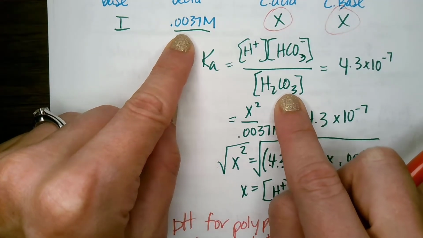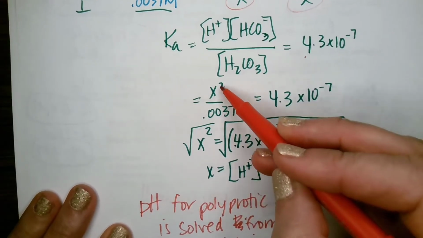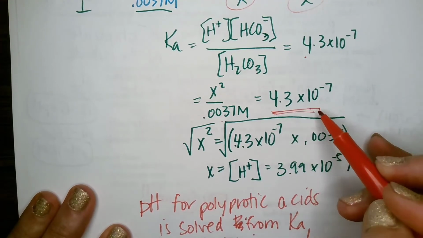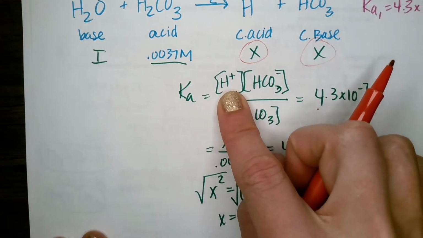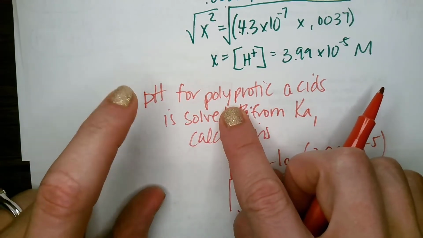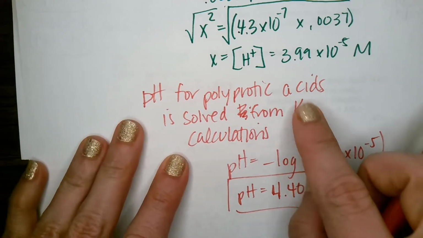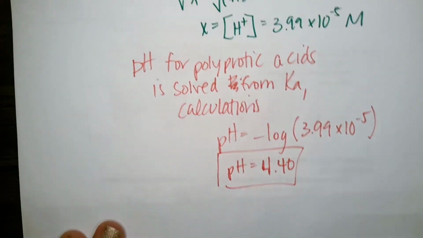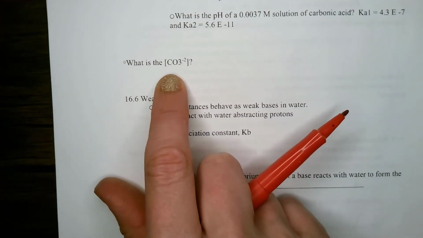So x times x is x squared over our 0.0037. So we had x squared over 0.0037 equals 4.3 times 10 to the negative 7th. Again, this was from our Appendix D. So solving for x means solving for our H plus. Even though it's a polyprotic acid, the pH for polyprotic acids is solved from Ka1 calculations. So we were able to just take the negative log of our H plus to get a pH of 4.4.